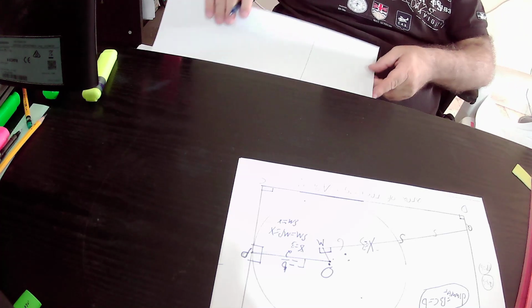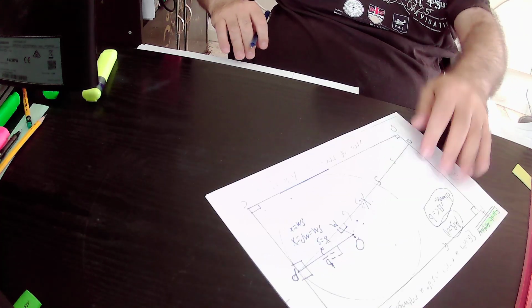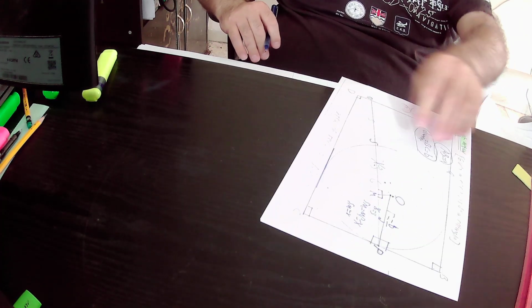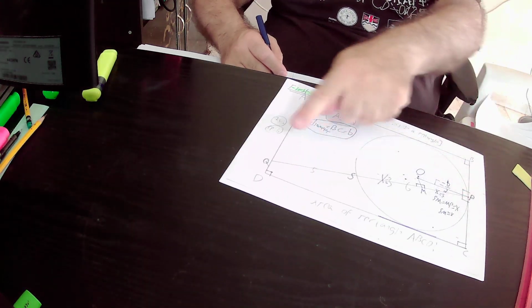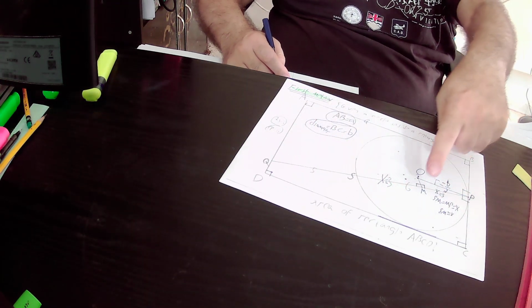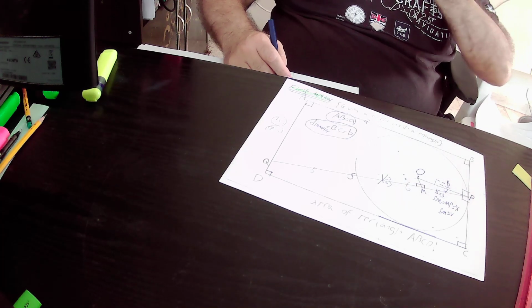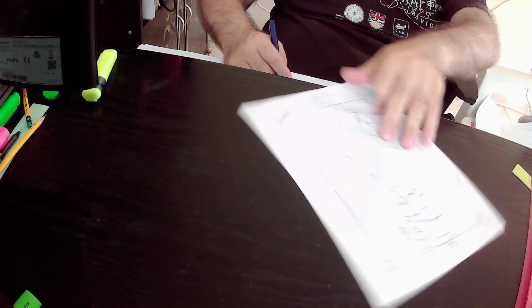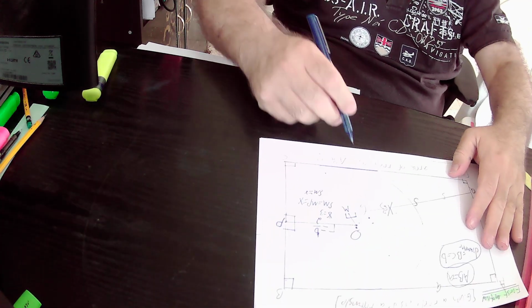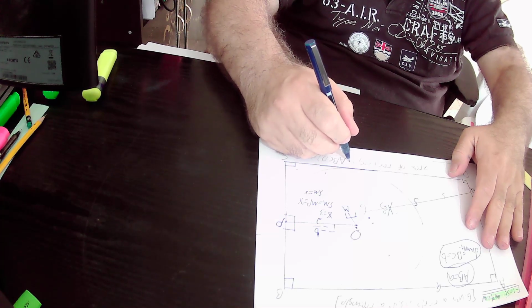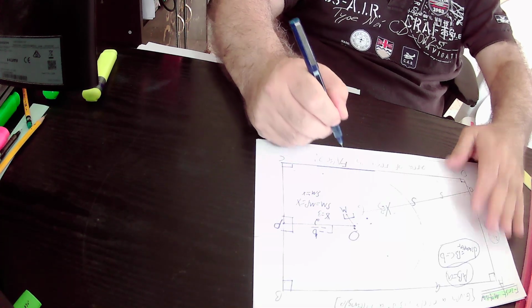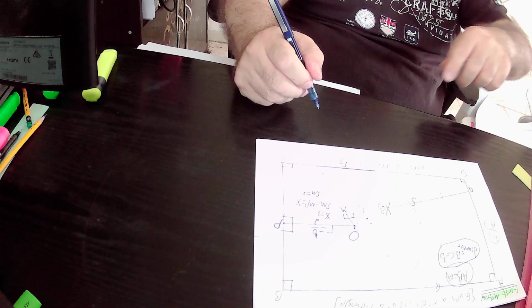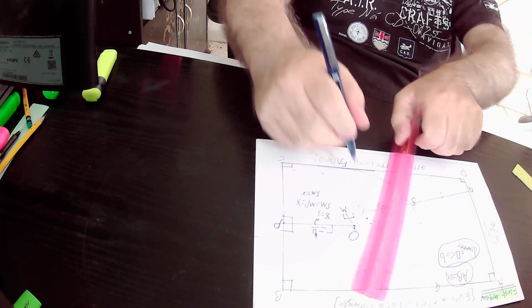In the next step, we define the point of tangency of tangent DC with this circle as F, and we join points O and F together by a straight line.